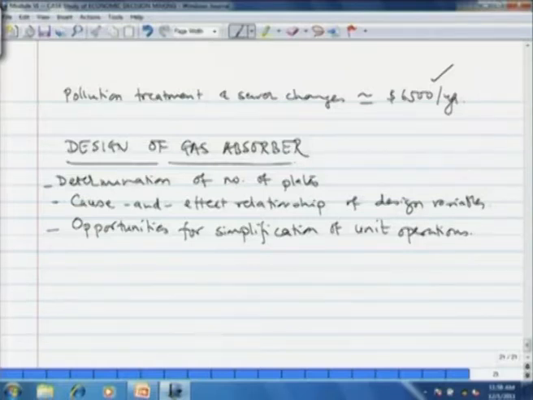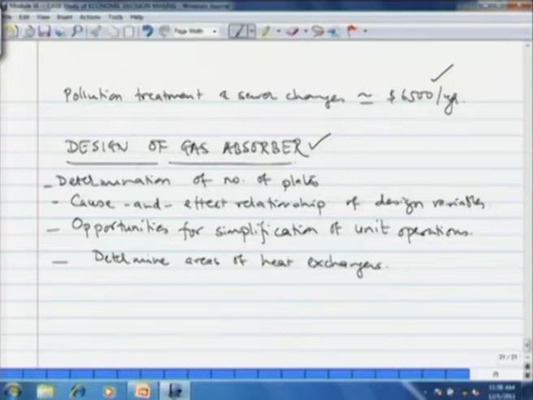Now, of course, in addition to this, we have to also determine the areas of heat exchanger that we are going to use. And also the distillation column. Okay. But the principal or major unit of this particular module is design of the gas absorber of this particular unit, and then we start with it.